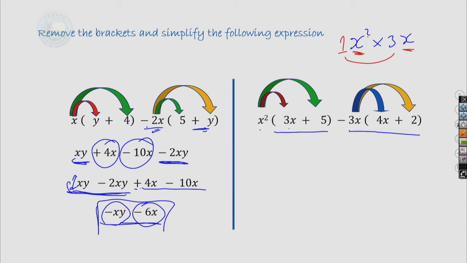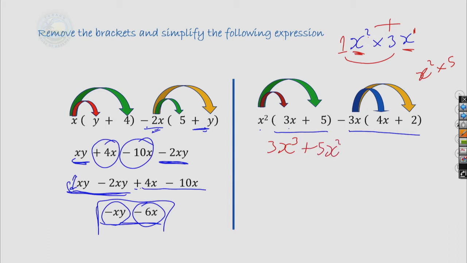The exponent here is 2, the exponent here is 1, so 2 plus 1 gives us 3x cubed. And now we do x squared multiplied by 5. Standard form of writing our algebraic terms is to put the number first, so it's plus 5x squared.